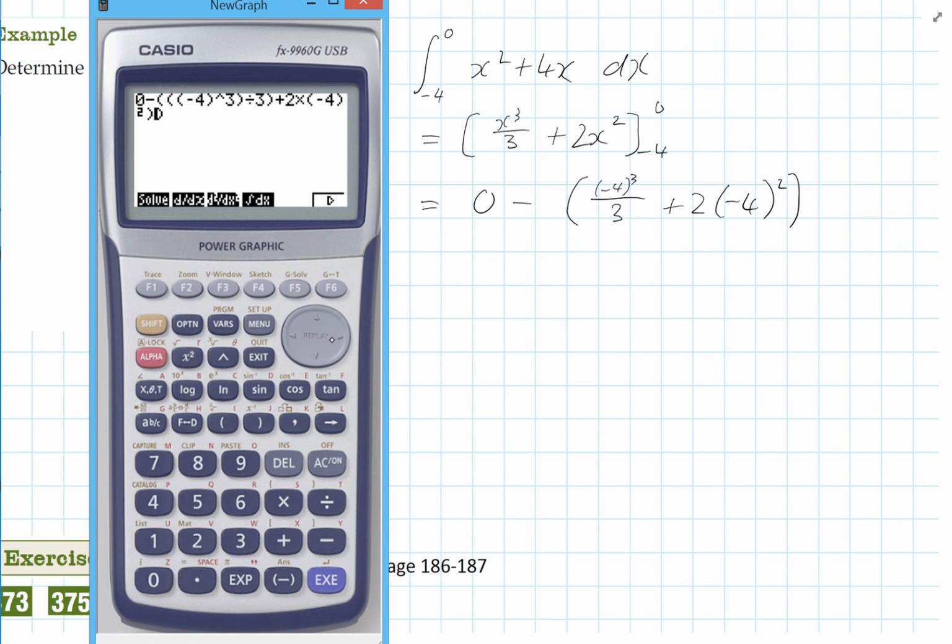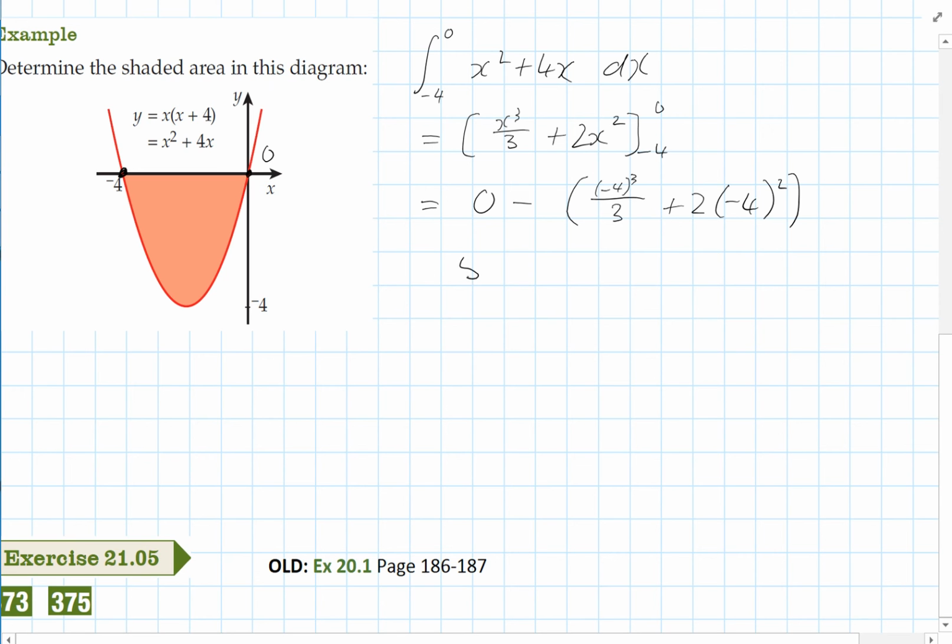So -4 squared. Okay, just a little bit suspicious of that figure. And now it's not letting me write. This is turning into a little bit of a disaster.